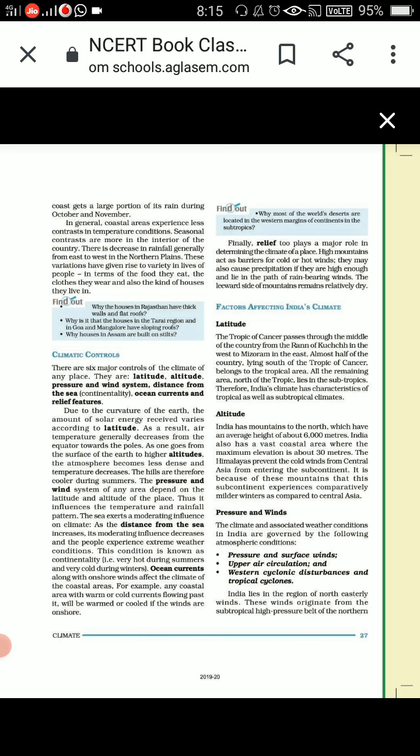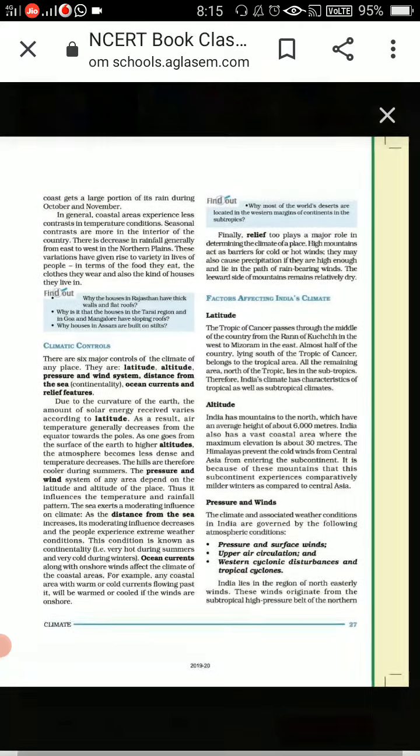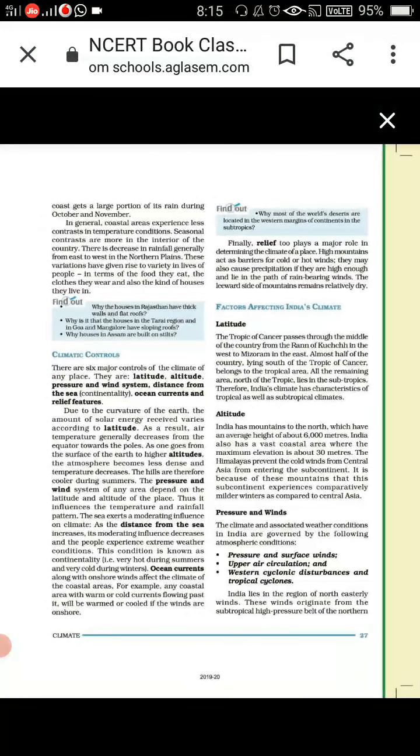Children, as you know, our earth is geoid in shape, which means it is flat at the poles. And you all know about the different latitudes and longitudes, the imaginary lines.